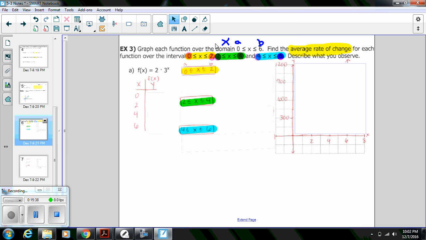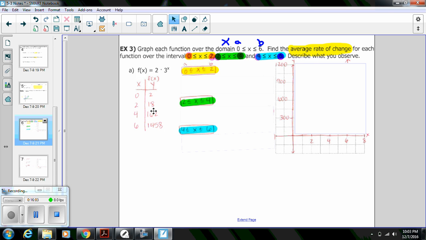And I don't want to create more work for myself. So I plug in 0 into this function, and I get 2 times 3 to the 0 power. Well, 3 to the 0 power is 1, so 1 times 2, I get 2. And then I keep going. I plug in 2. So 2 times 3 squared, well, 3 squared is 9. Then I have 9 times 2, that gives me my 18.